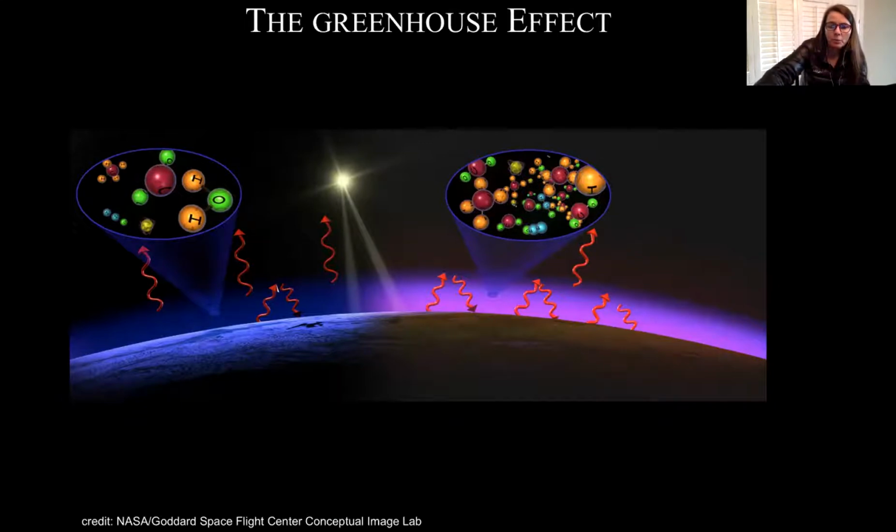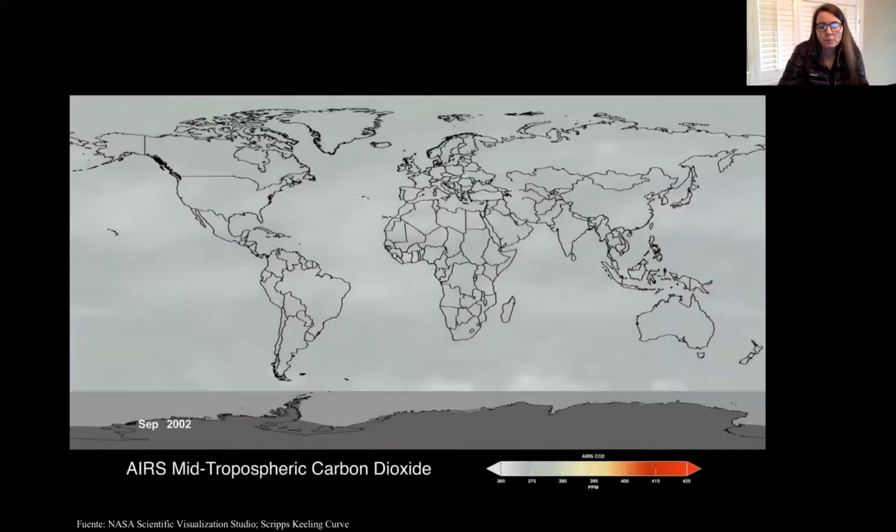And so that's really what we're following here, is CO2. We're really trying to understand what are the concentrations of CO2 and what are the roles of the different components of our Earth's environment in terms of taking up and releasing CO2.